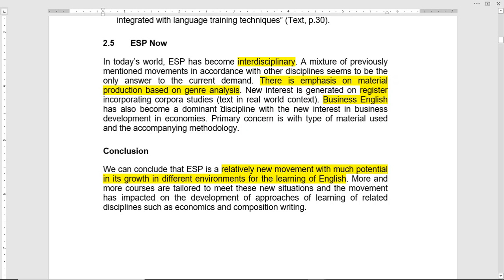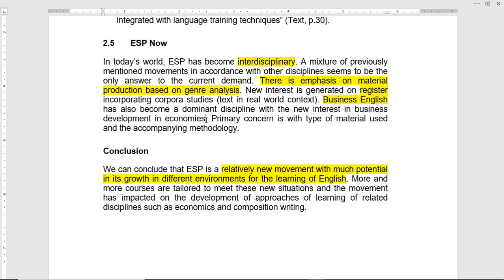It's all communicative approach, I call it, in the real world context. So business English has also become a dominant discipline with a new interest in business development and economies. So in conclusion, English for specific purposes is a relatively new movement with much potential in its growth in different environments for the learning of English.